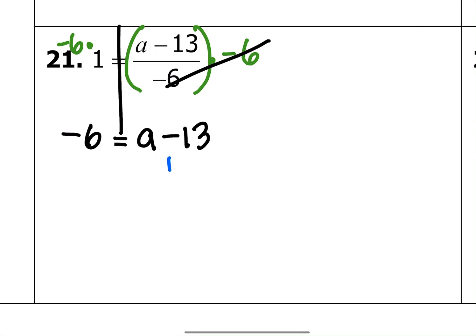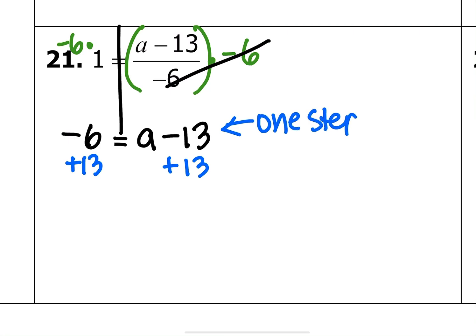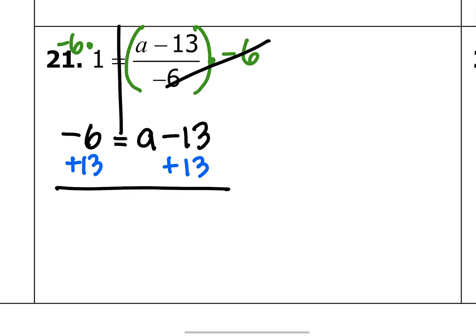Now eliminate the constant. We're going to add 13 to both sides. Once we get rid of that denominator, this right here is just a one-step equation. That's all that is, a one-step equation. Okay, so we're going to get 7 equals a.